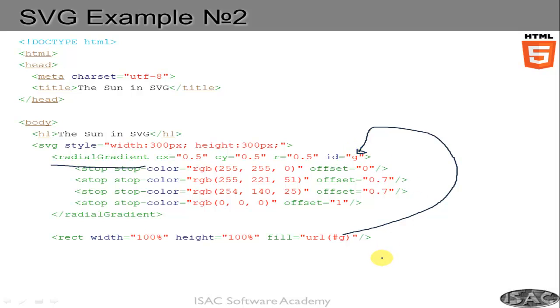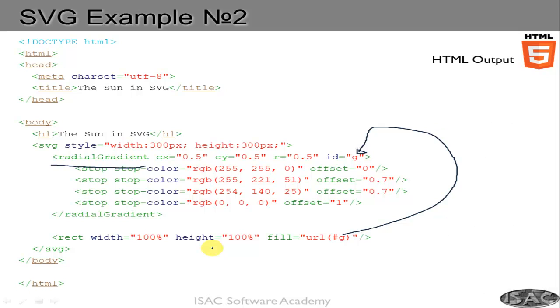So I am saying create a rectangle with width 100% and height 100% of this SVG, and inside that you fill this object called G. This object will be put inside this rectangle, and then close the SVG, body and HTML, and you run this.